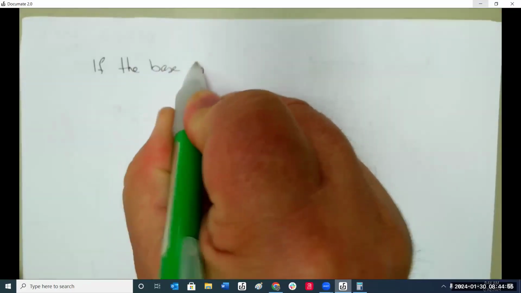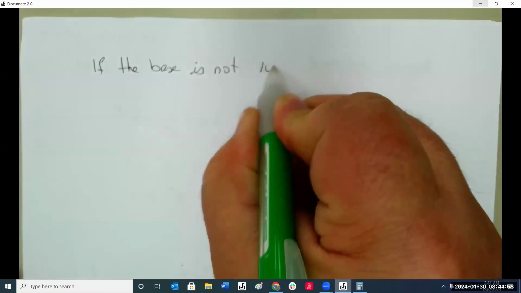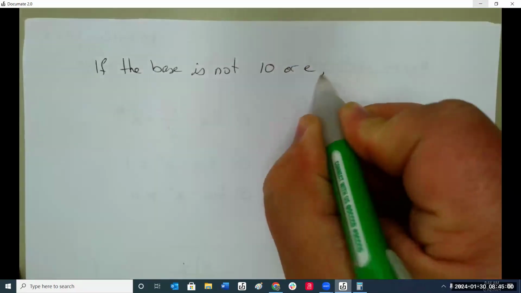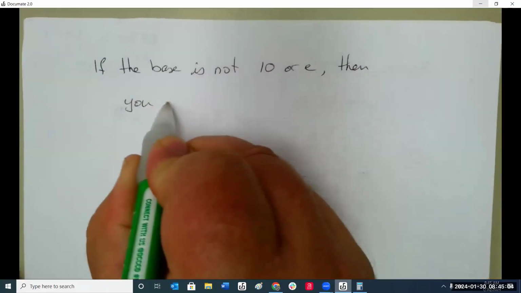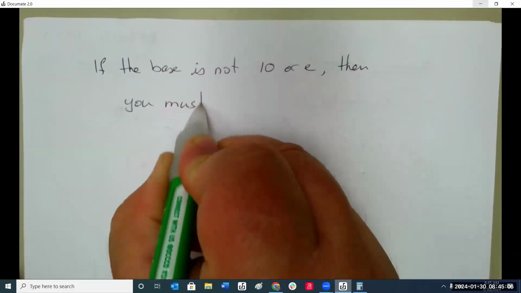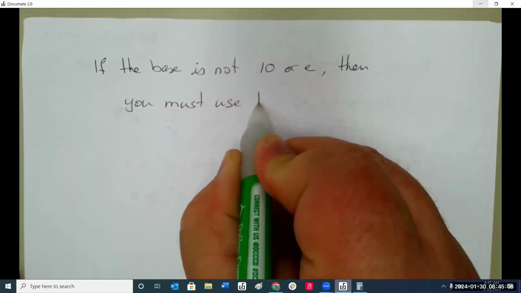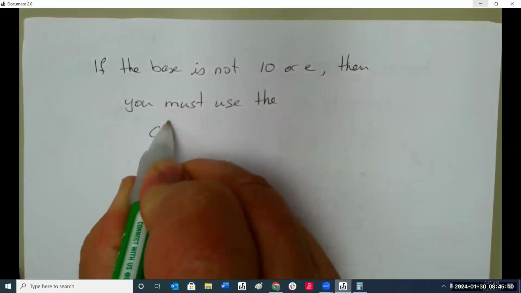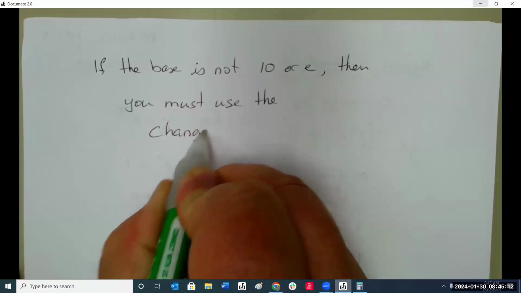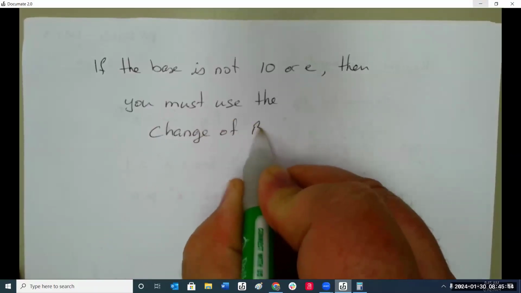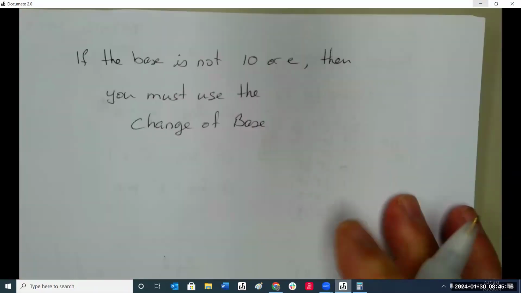If the base is not 10 or E, then you must use the change of base formula.